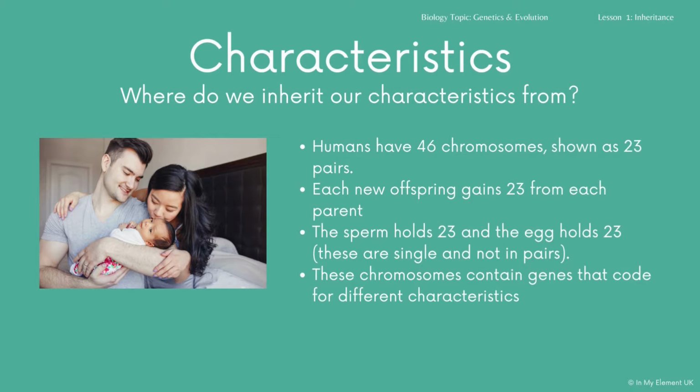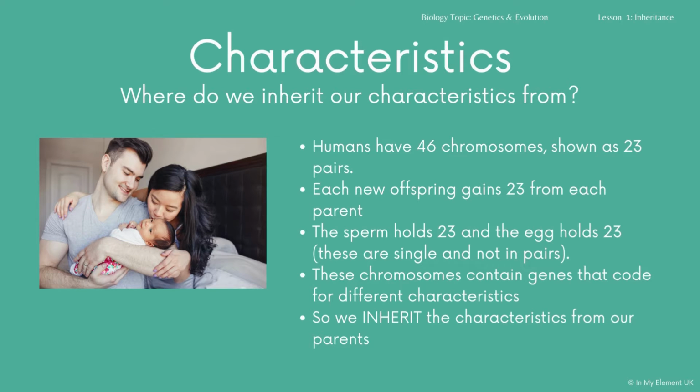Now, the chromosomes are what contain the genes, and it is the genes that code for the different characteristics, like we've already mentioned: hair colour, skin colour, eye colour. So we will inherit a mixture of those characteristics from our parents, depending upon the combination of chromosomes we are given from the pool that there is.